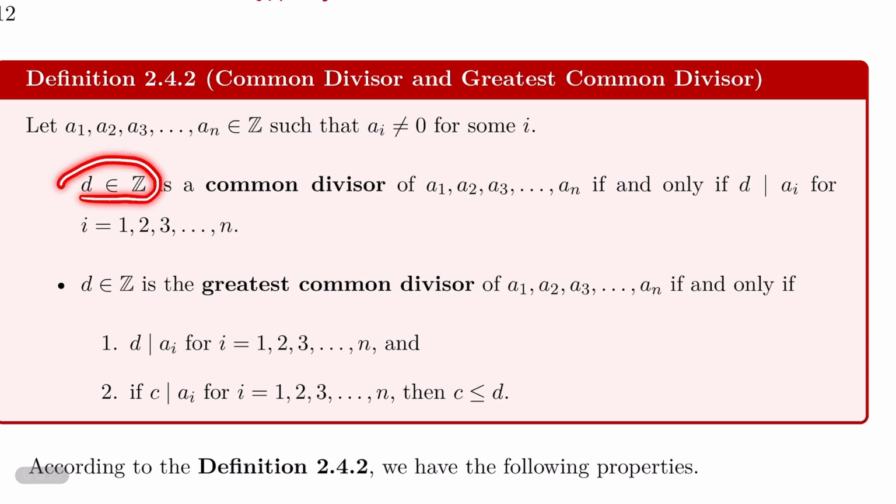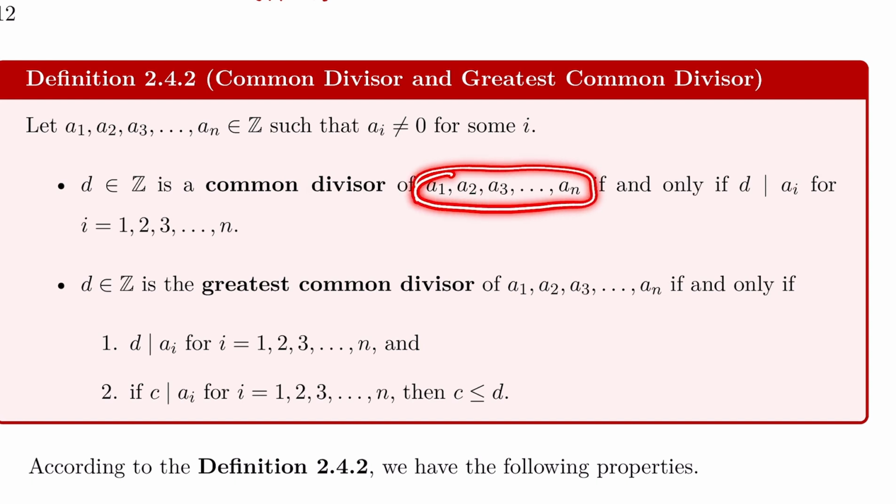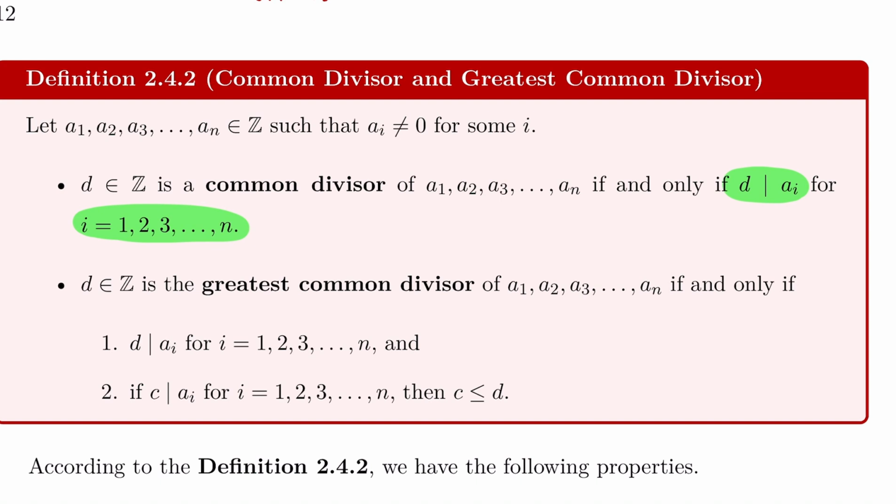D is a common divisor of all of these n integers if and only if D divides ai for all i equal to 1 all the way to n.